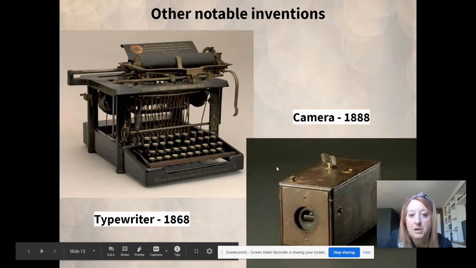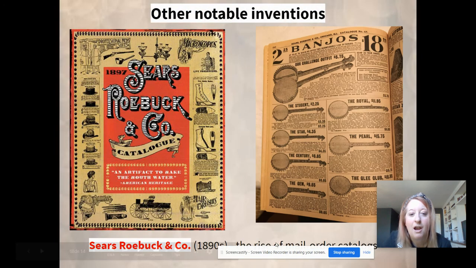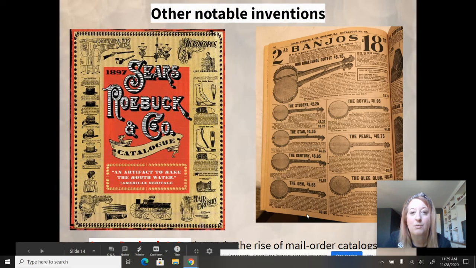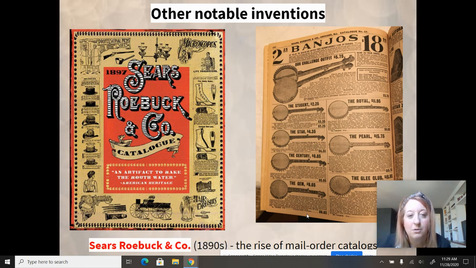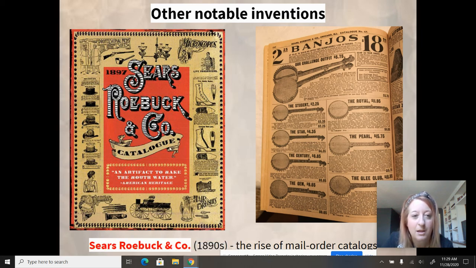There are some other notable inventions like typewriters, obviously replacing handwritten letters. You've got cameras to capture those beautiful images. And the last one I want to talk about is the rise of the mail order catalog. So this might be a foreign concept to some of you guys because we can just get on our phones and order something on Amazon Prime and it's here in 2 days, right?